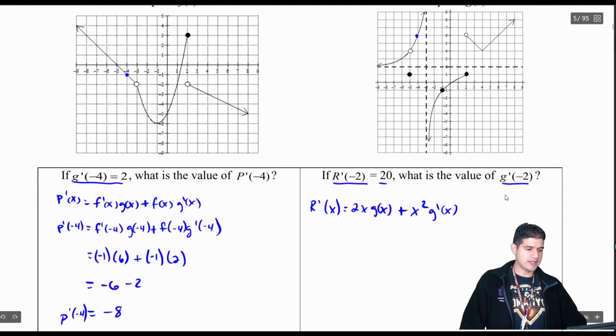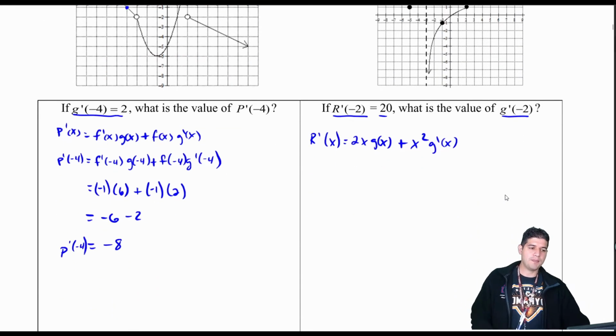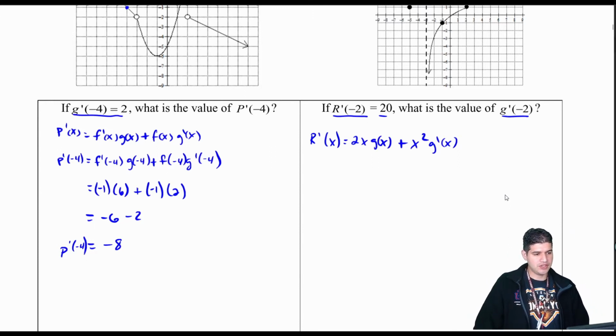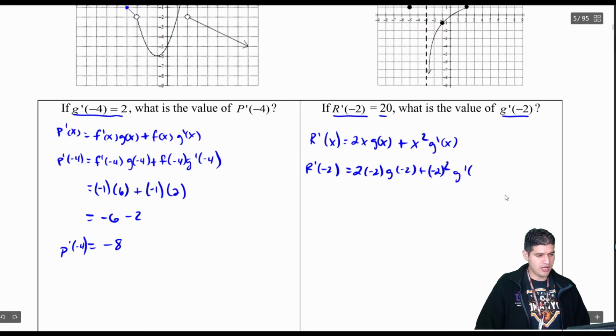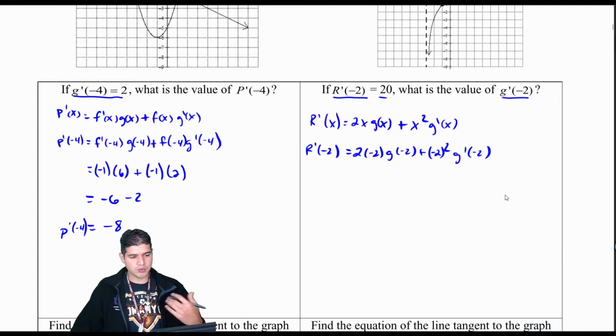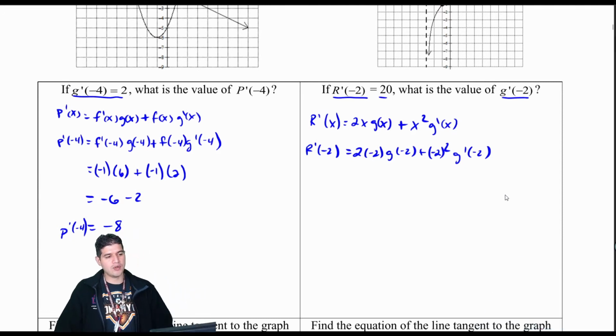All right, so let's see what we want to do. It might be useful to substitute in this -2. So r prime of -2 right here, so that's going to be 2 times -2, g of -2 plus -2 squared times g prime of -2. All right. And so then all I have to do is work with this. So I already know it's given that r prime of -2 is 20.